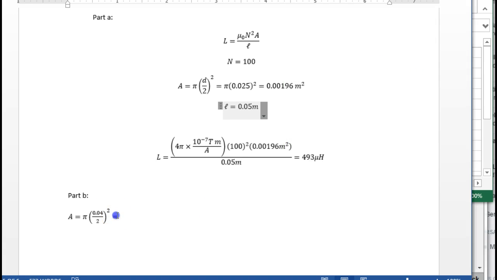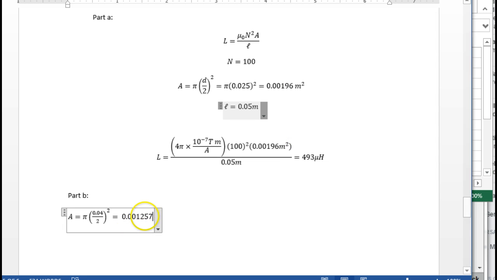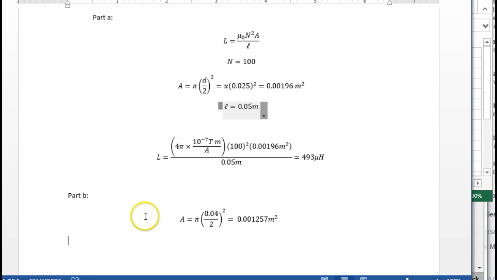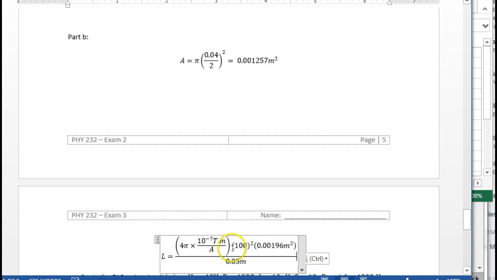Okay. So our new area is 0.001257, right? Meters squared. And so we put it all together again and just copy that and edit some bits.